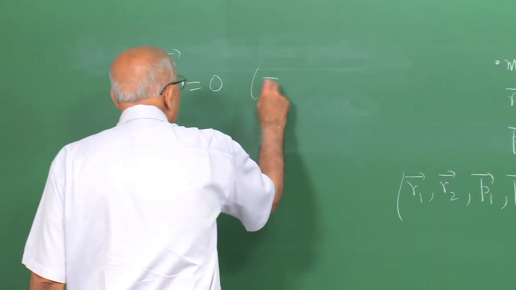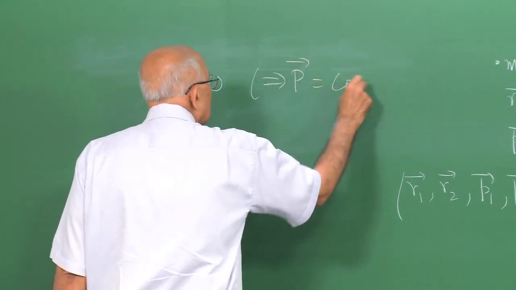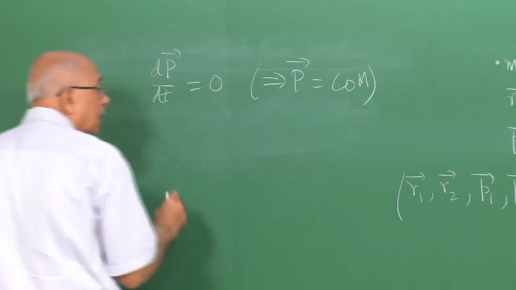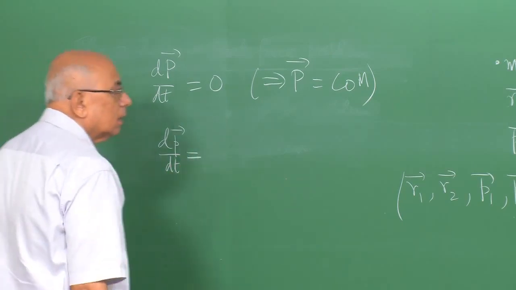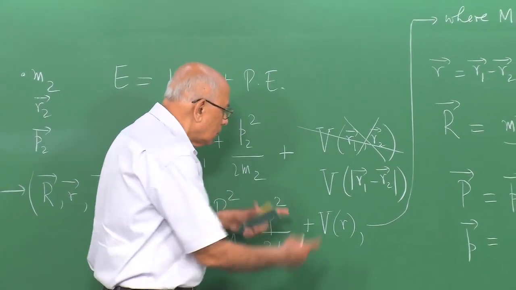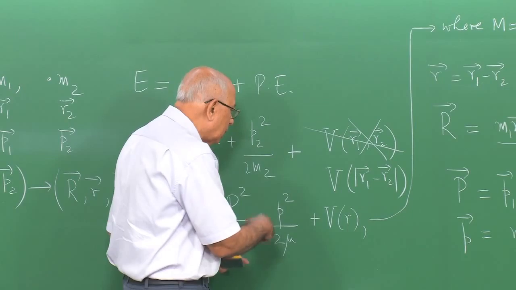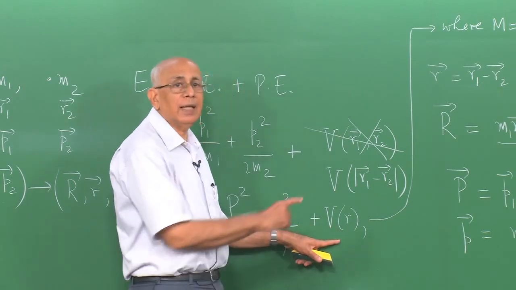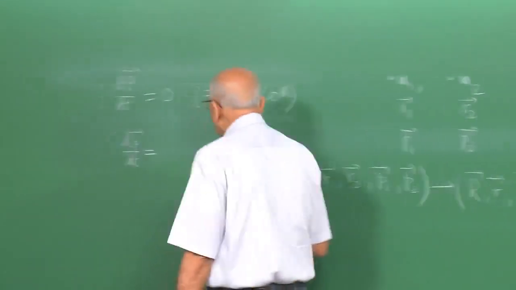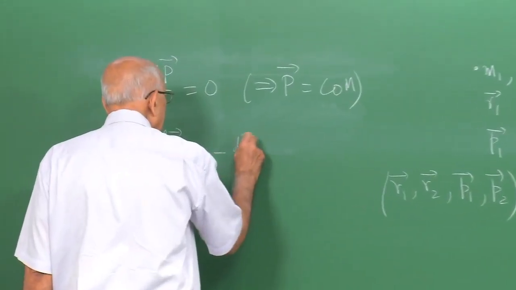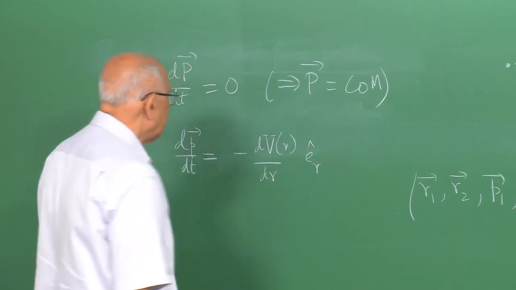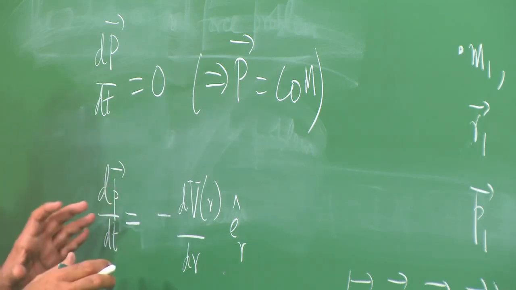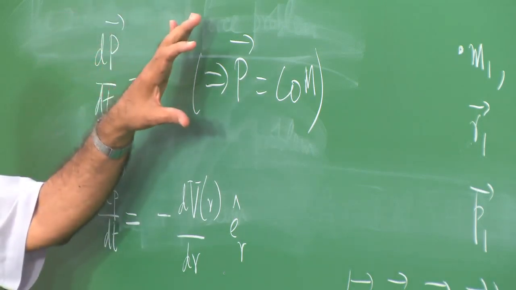So this will imply that P is a constant of the motion, and dp over dt, the rate of change of this thing here, is equal to, by Newton's second law, the force seen by this particle, which would be derived from this potential, and that is a central potential. So this becomes equal to minus dV of r over dr times e sub r. So the problem involving little r and little p is isolated from the problem involving capital P.